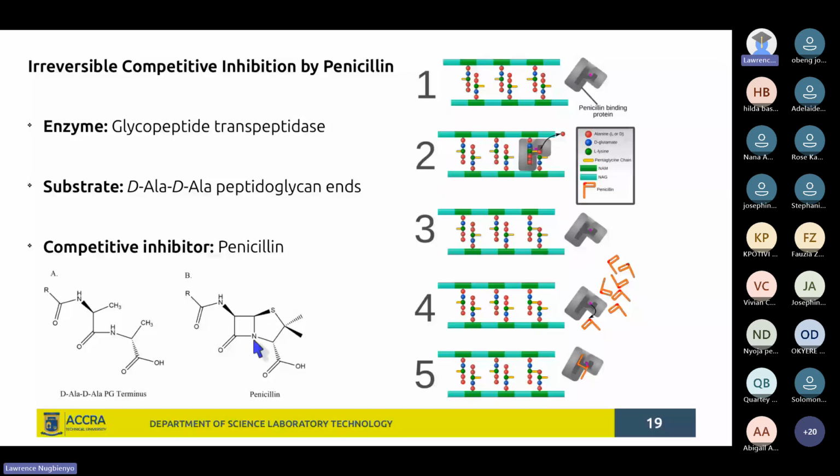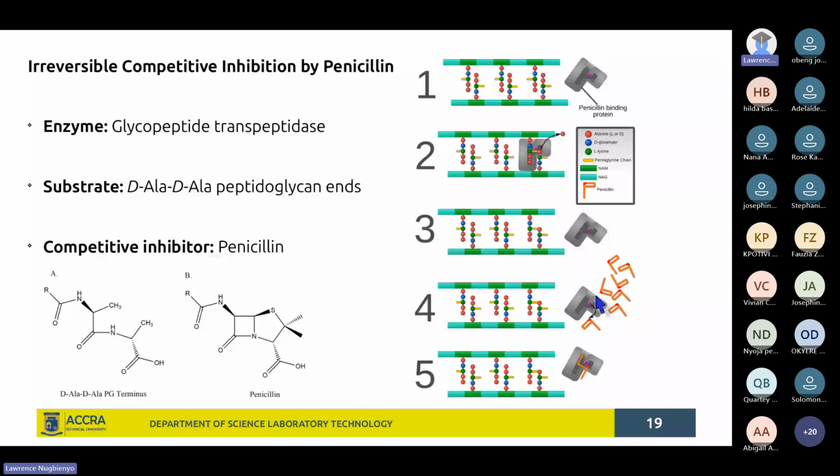These rings are closed, but the peptides are opened to fit into the active site. That's why penicillin is shown having a closed ring, and it is only when it comes in close proximity to the enzyme, the penicillin binding protein or the glycopeptide transpeptidase, that it opens up and fits into the active site, blocking the enzyme from carrying out its function.